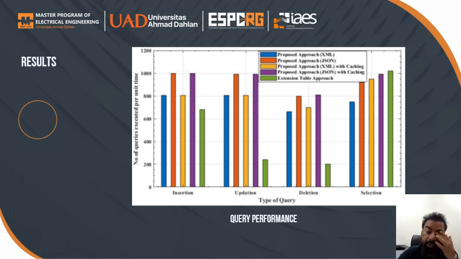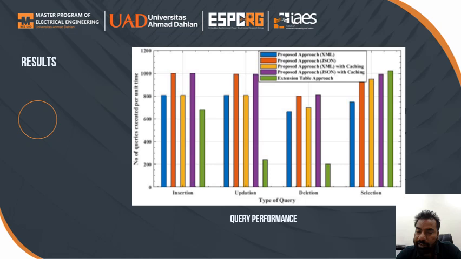Now we can see that the query performance, that is the time taken to execute a particular query per unit time, in the case of insertion is always better than the state-of-the-art approach. For updation also it is better, and for deletion it is quite a bit better than the state-of-the-art approach.